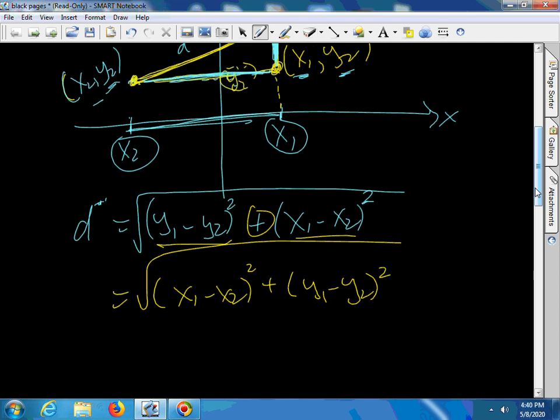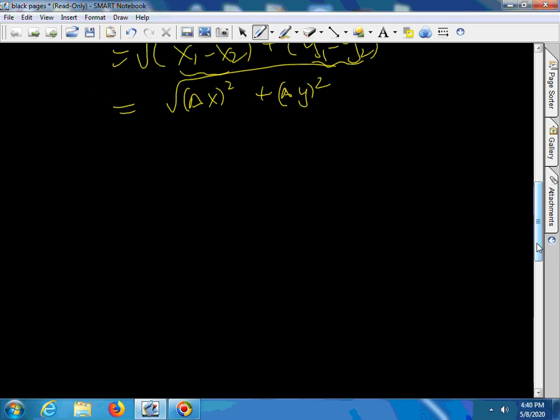I like to call this the change in x squared, and this being the change in y squared, square root. So, when somebody gives me 2 points, 3, 7 and 4, 11, I ask myself, what's the change in x?